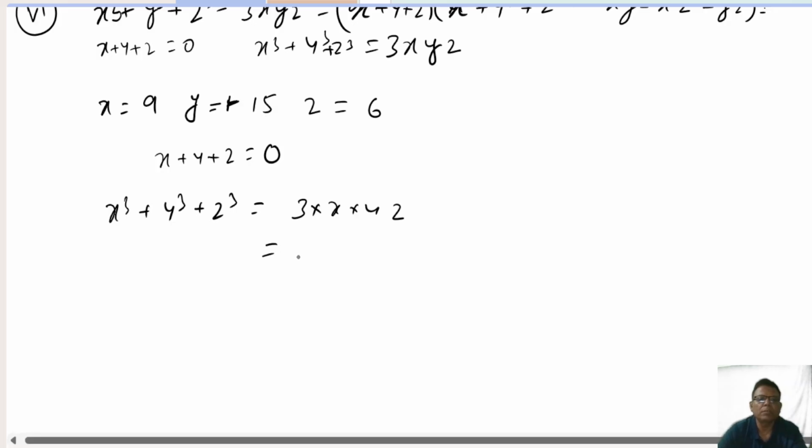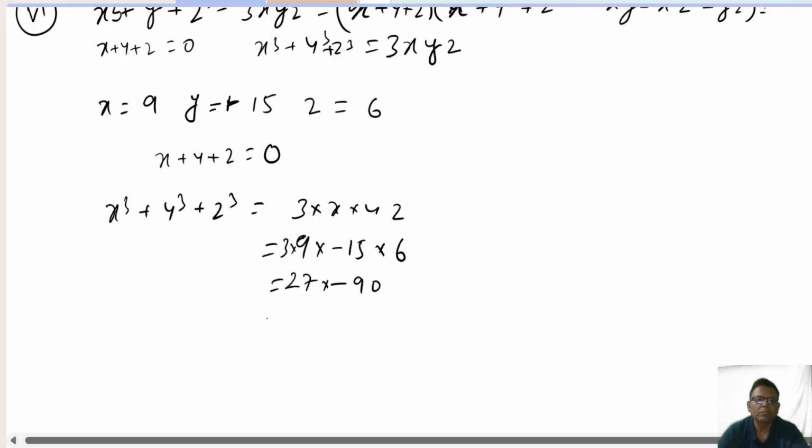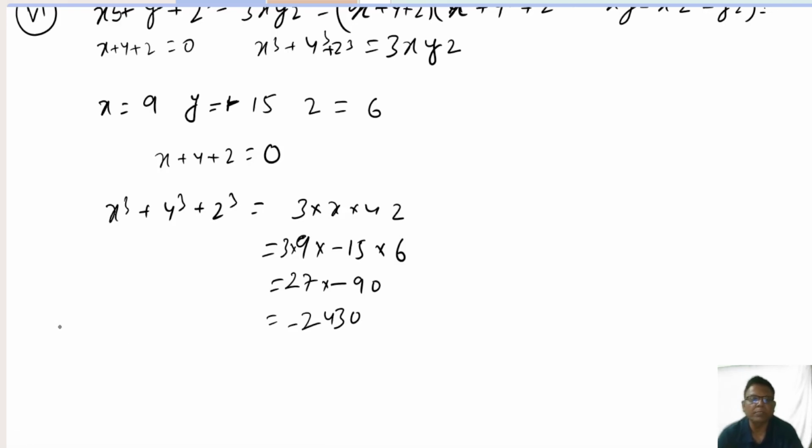So this will be 3 into 9 into minus 15 into 6. 9 threes are 27, 15 sixes are minus 90. 3 nines are 27, 27 into 90... So this formula can be used in such types of questions.